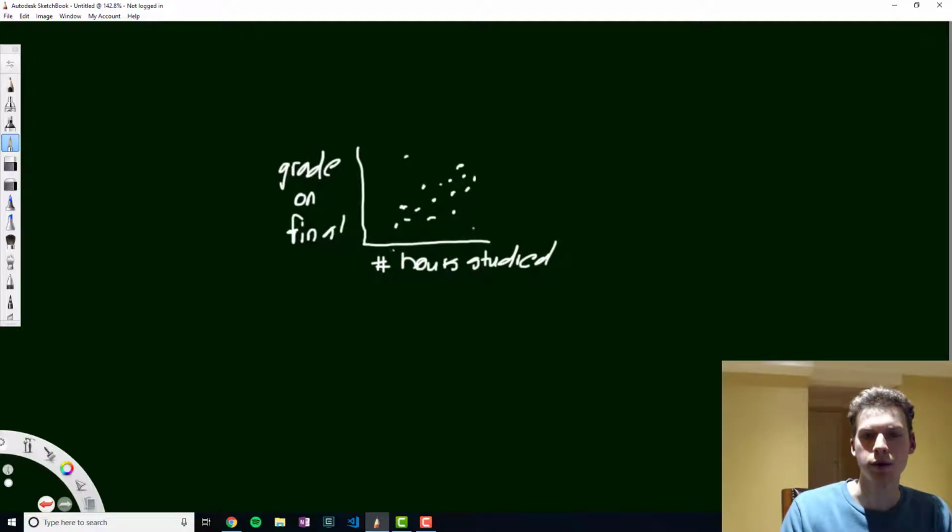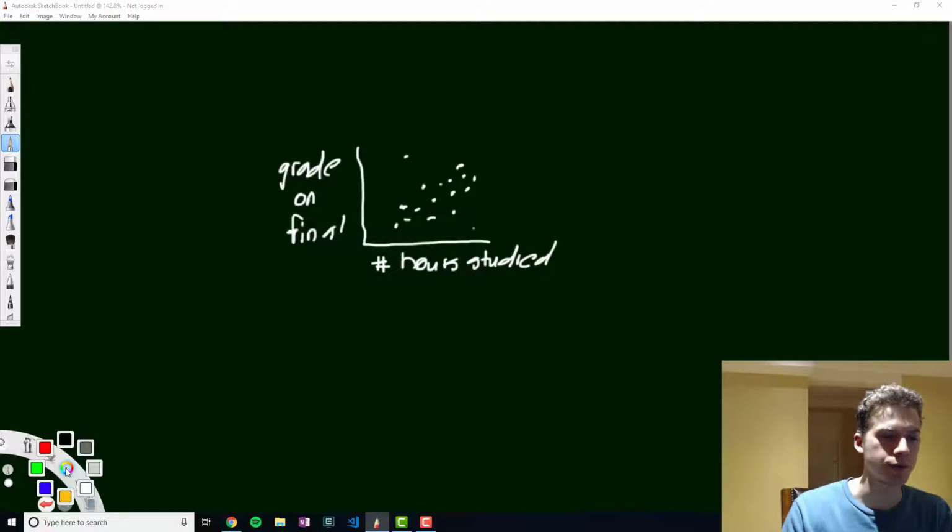What we want to do is find the best fitting line, because the purpose is to use our models to make predictions about new incoming data.